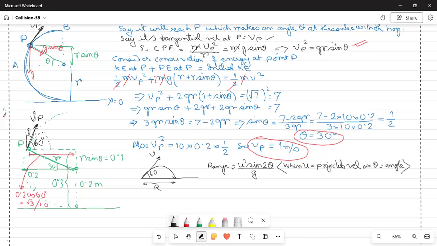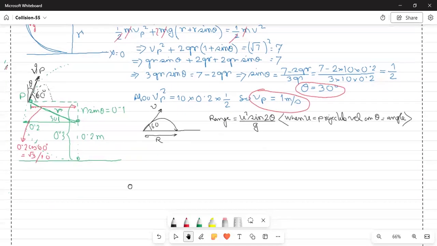This is the general equation. We have to think of the actual case now.